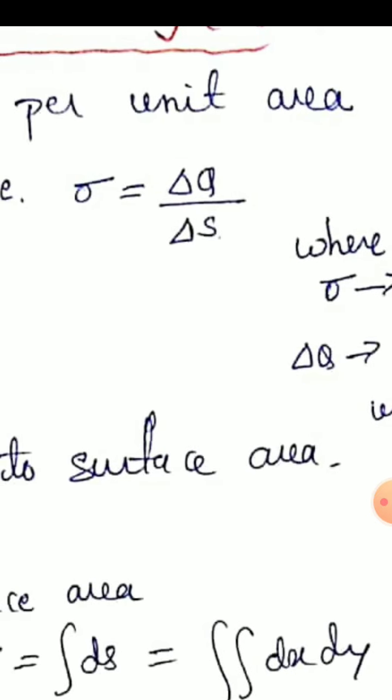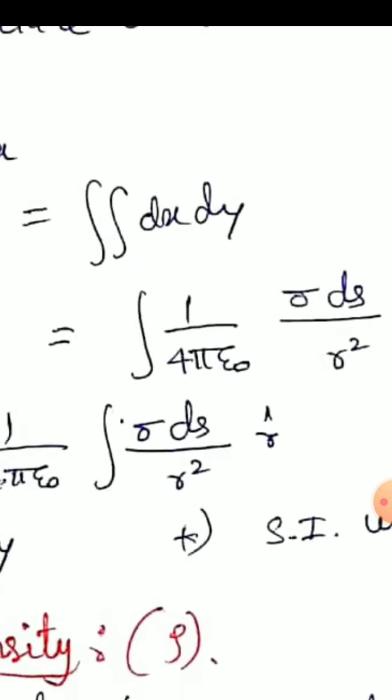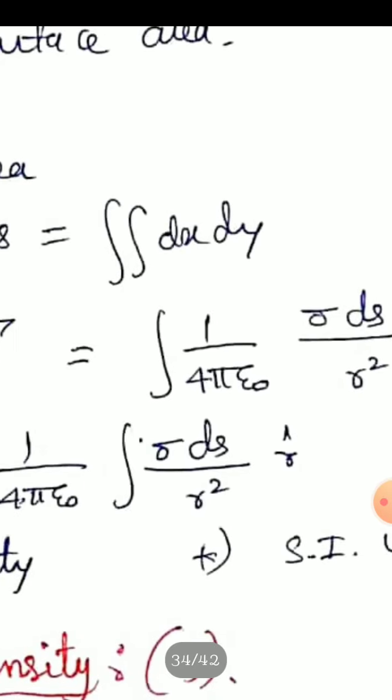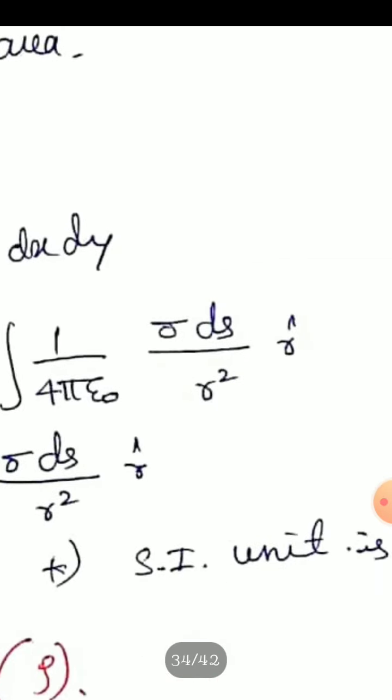Sigma is equal to delta q divided by delta s. So what can we write for delta q? Delta q is equal to sigma into ds. In the place of Q, we take sigma into delta S or ds, where sigma is surface charge density and ds is surface area. So Q divided by r square is treated as sigma into ds divided by r square.